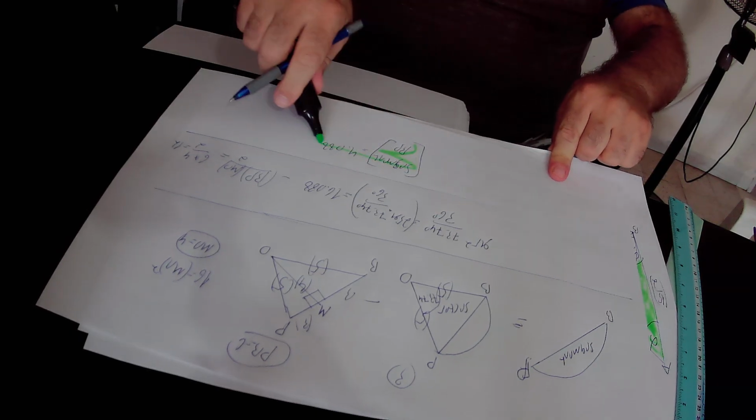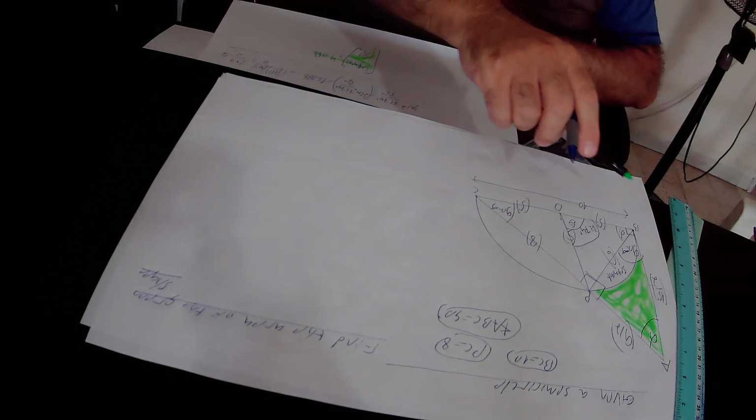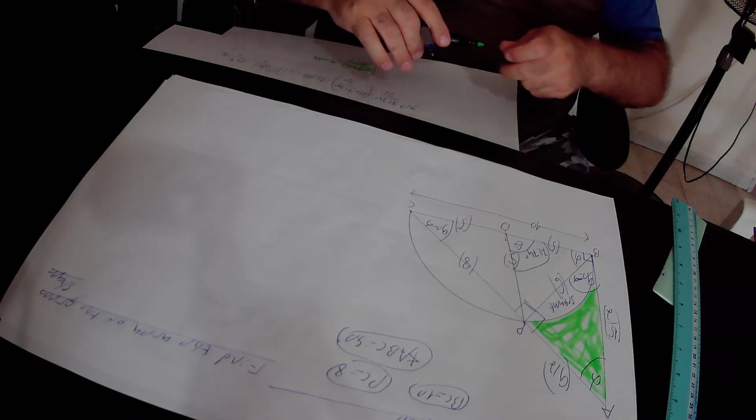Our task in this question is to find the area of this green shape. So what is the area of the green shape?